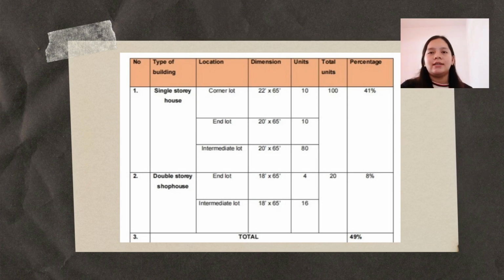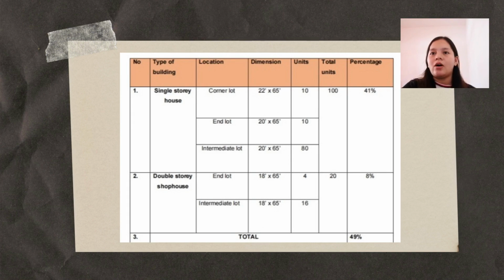Next is the double-story shop house. We choose two locations, that is end lot and intermediate lot. The dimension of the end lot is 18 multiplied with 65, while the intermediate lot is 18 multiplied with 64. The units of the end lot are 4 and 60 for intermediate lot.